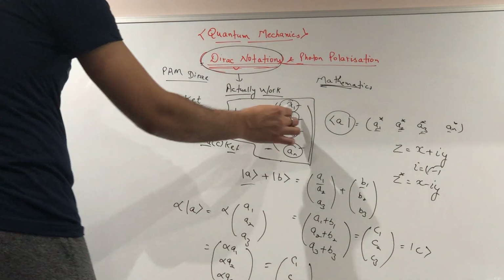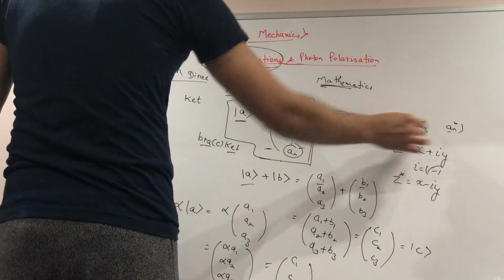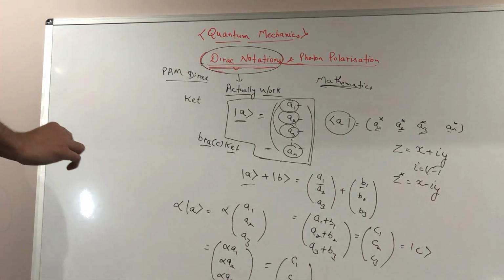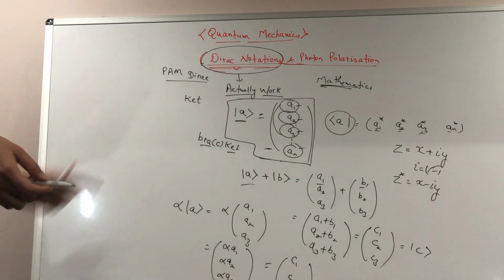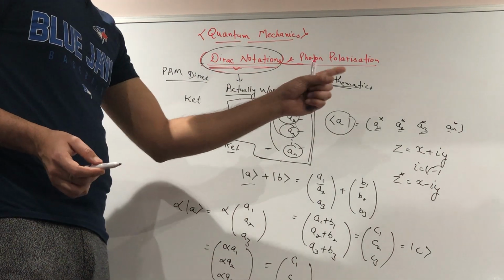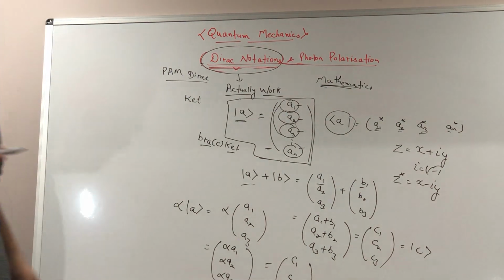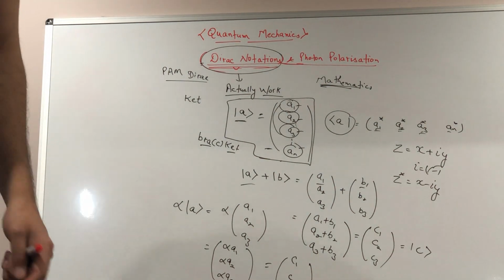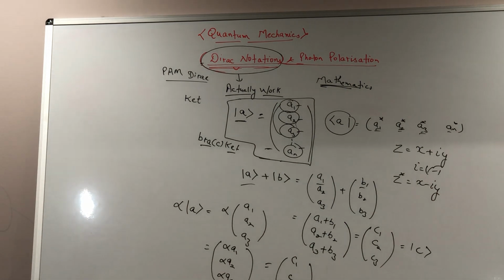If these elements are complex numbers, you can find the corresponding ket and bra matrices by changing the row into the column and taking the complex conjugate of each element. That's how we represent the ket and bra notations in this matrix.